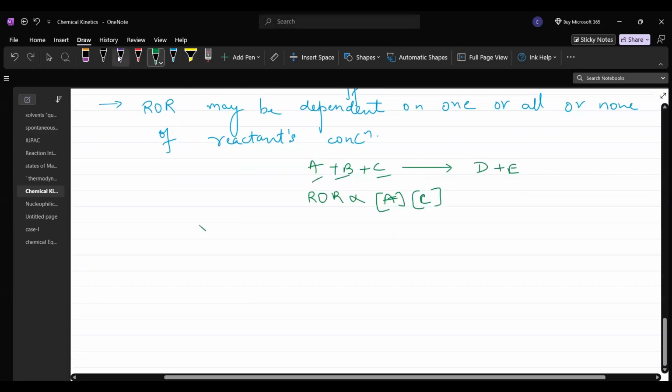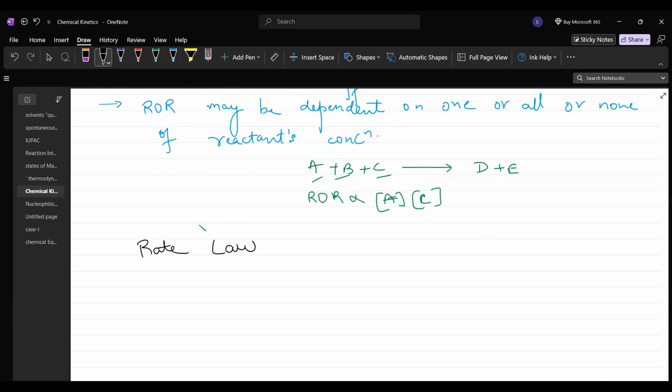Okay. Rate law will tell you how the rate is affected by the reactant side. For example, let me write the definition first.